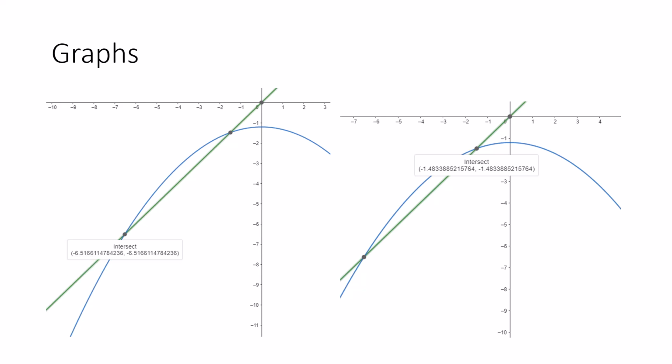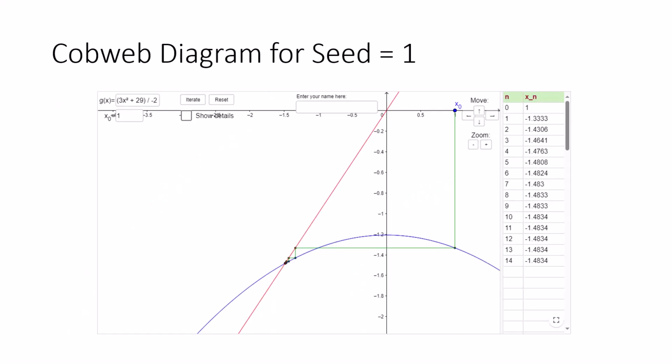What we're going to establish now is why you will not be able to find the second answer if you choose to use this technique for solving. So what we're going to generate here is what's called a cobweb diagram. In this cobweb diagram, we have an initial guess given at x0.